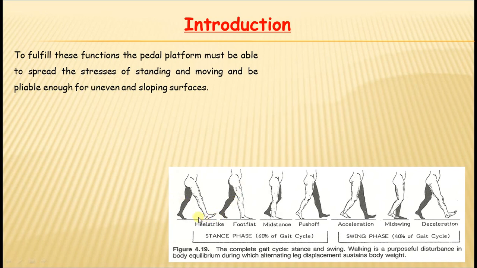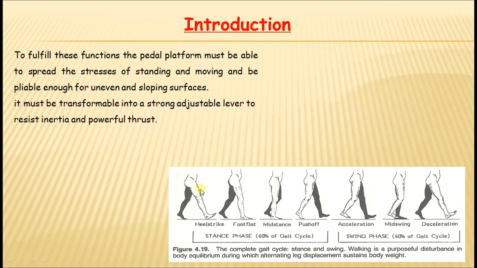Now it should be pliable enough for walking on uneven and sloping surfaces. So for this, and also to be a transformable, adjustable lever to resist inertia and powerful thrust.